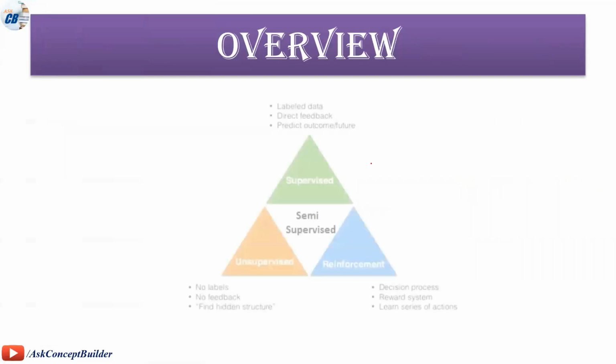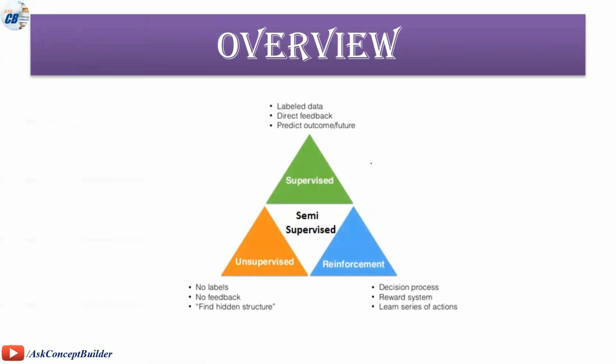Now I will give you an overview of all the learning techniques we have learned. The first one was supervised learning, where from the name we know it is under some supervision, under some instructions. The important thing was that we have labeled data and prior knowledge of our outcome.